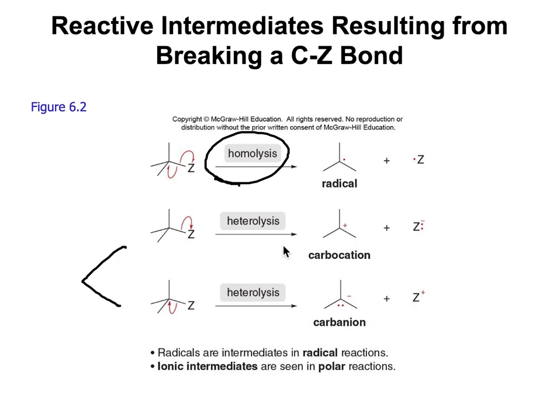In the other side, you have the Z being less electronegative than the carbon, and then the carbon is the one that takes those electrons, and that's why we end up with a carbanion that has 5 electrons around itself, and that's why we have that negative sign.